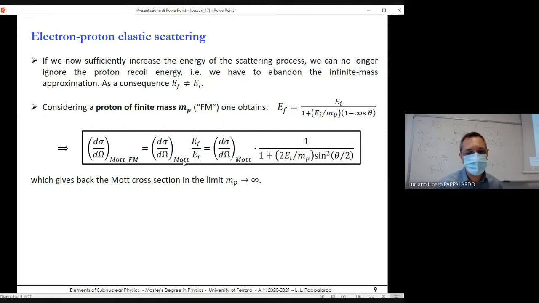We just multiply the Mott cross-section by this correction factor, given by this formula. Of course, when you send the mass of the proton to infinity, these terms go to 0 and the whole factor goes to 1, so we get back to the previous Mott cross-section.